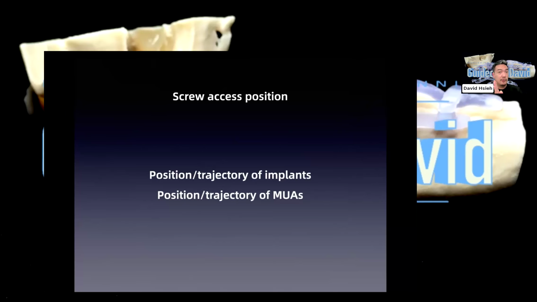Usually a multi-unit abutment will be straight as a zero, or 17 degree, or 30 degree. And if these are internal hex implants, you have different ways to rotate them. So all of them will affect the trajectory, the screw axis in your prosthesis, and that matters. And we know why already.